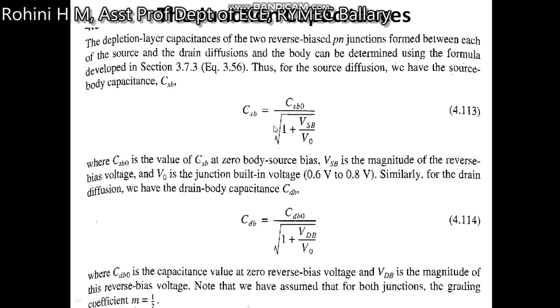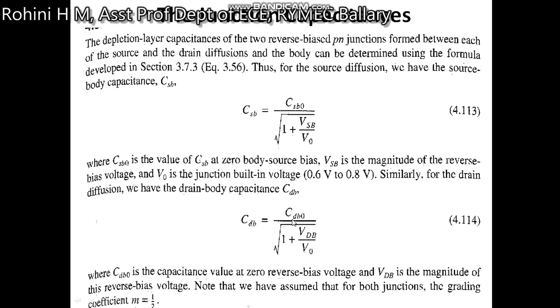All these are very important while solving problems. We need to know this formula. Next is one more junction capacitance, that is drain to body capacitance. First junction capacitance is source to body capacitance, that is CSB naught divided by square root of 1 plus VSB by V naught. Similarly, drain to body capacitance is given by this formula.